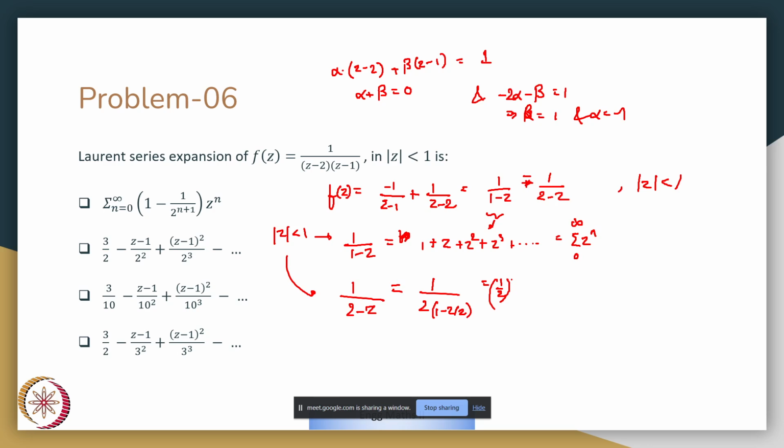So we essentially write this as summation (z by 2) whole raised to n, 0 to infinity. Therefore, if I combine those, it's essentially summation from 0 to infinity 1 by 2 raised to n plus 1 times z raised to n.